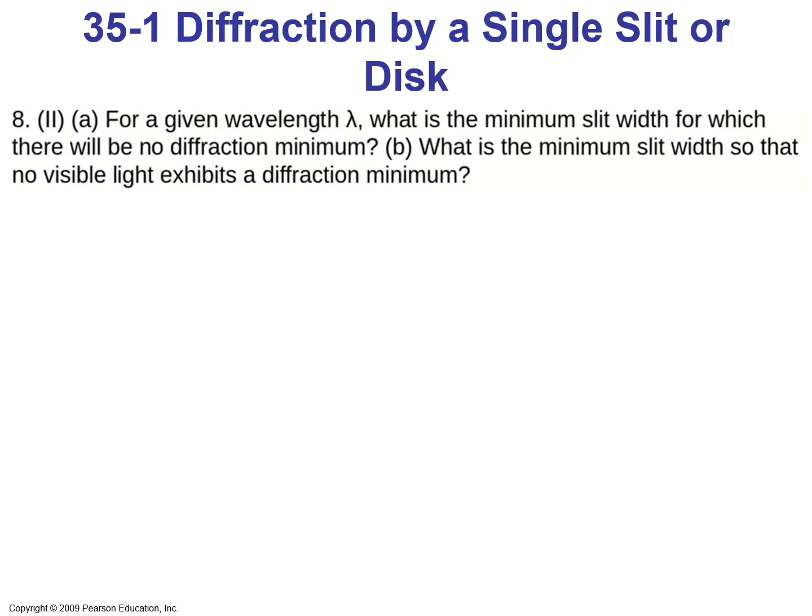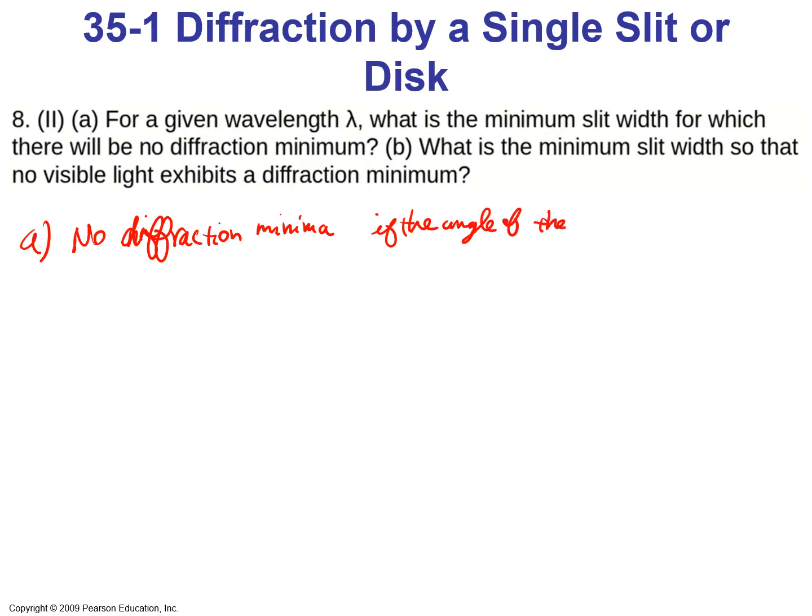For part A, there will be no diffraction minima if the angle of the first minimum is greater than 90 degrees.